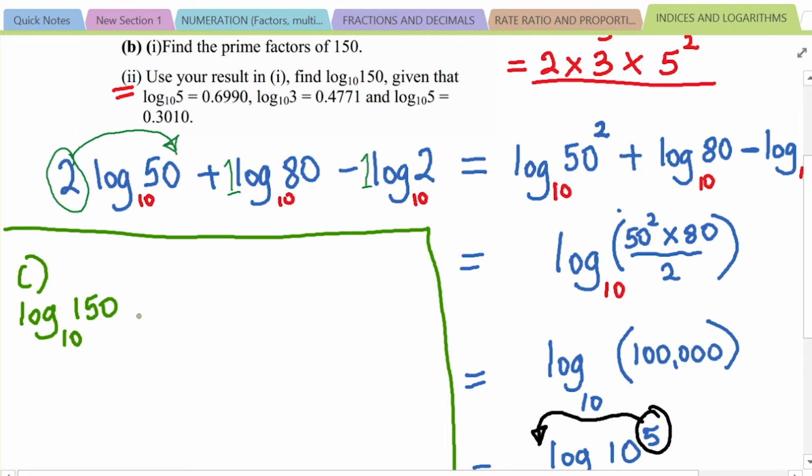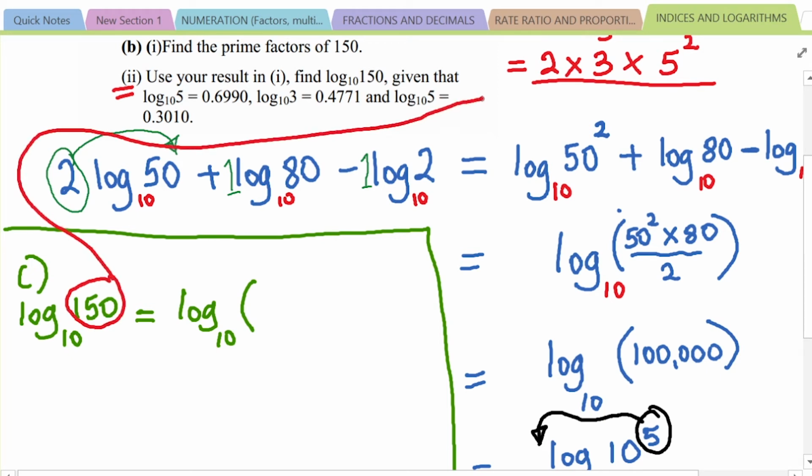This is going to be equal to log of the number. Now this 150, remember we found its prime factors earlier. We said they were 2 times 3 times 5 squared. So this is the same as log of 2 times 3 times 5 squared. We've converted that into its prime factors, right?